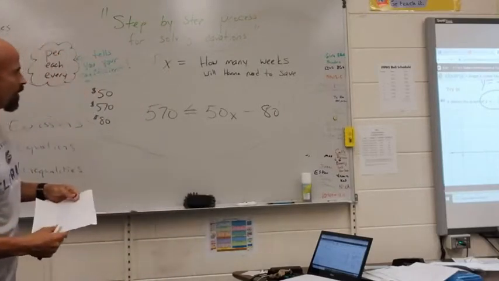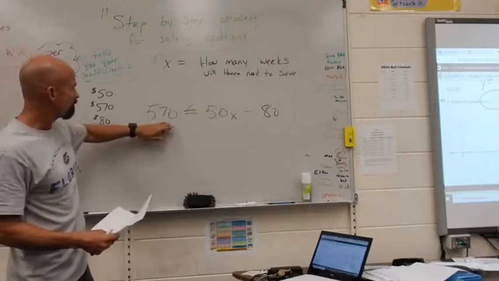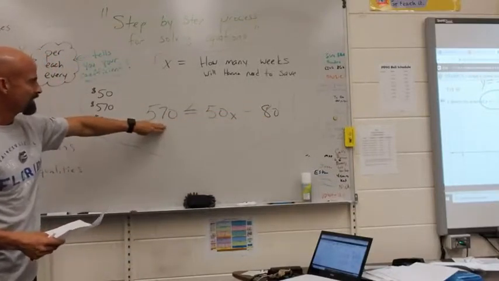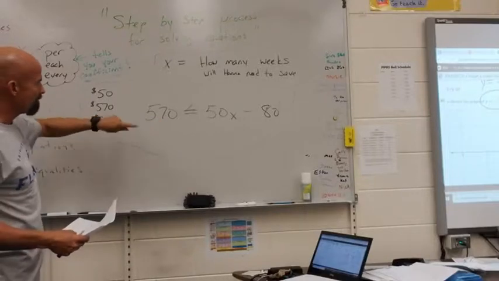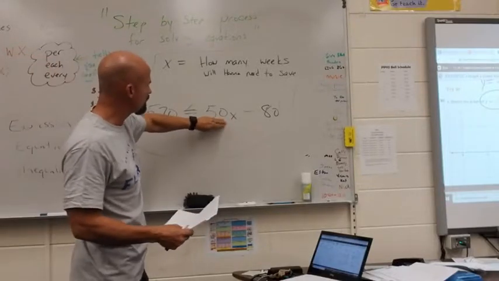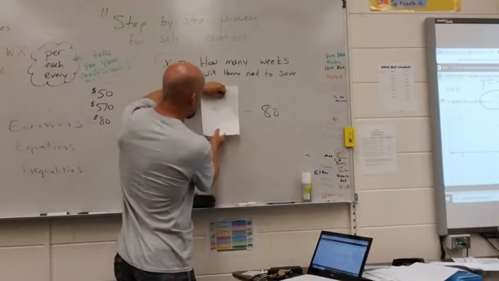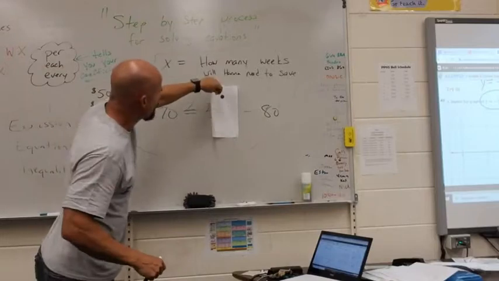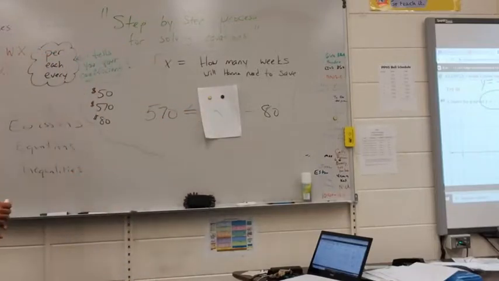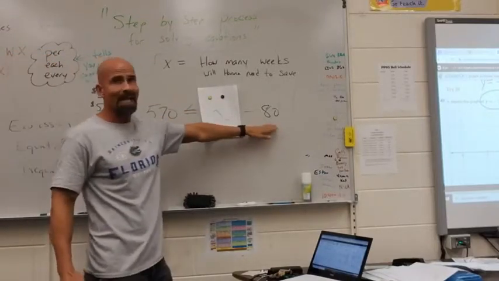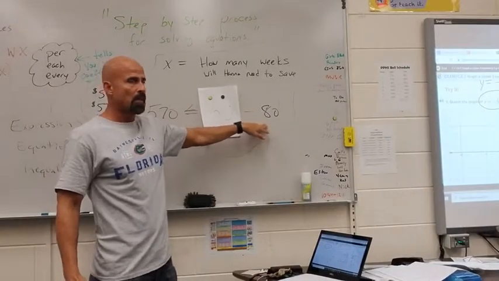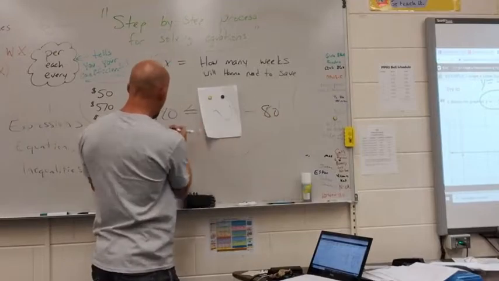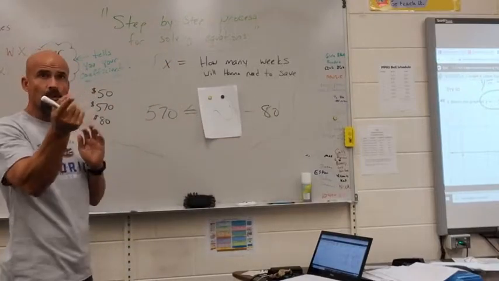I want to solve and get the x, and I know this is 570. I don't know what this whole term is right here. It's a question mark. But I know I'm going to subtract $80 from it. So I need to know, what number subtract 80 would give me 570? That's what you did in your head.